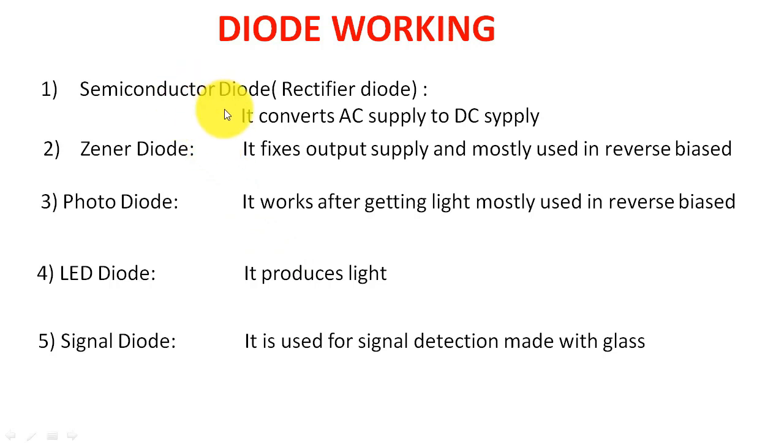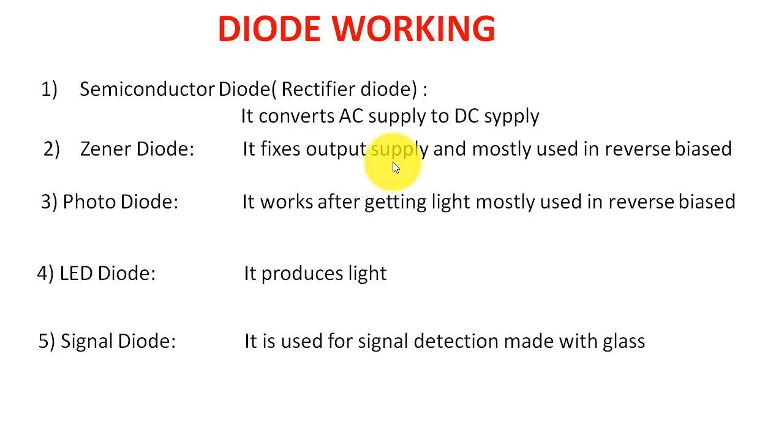The semiconductor diode, or rectifier diode, is used especially to convert AC supply to DC supply. Then the Zener diode fixes the output supply and is mostly used in reverse bias.